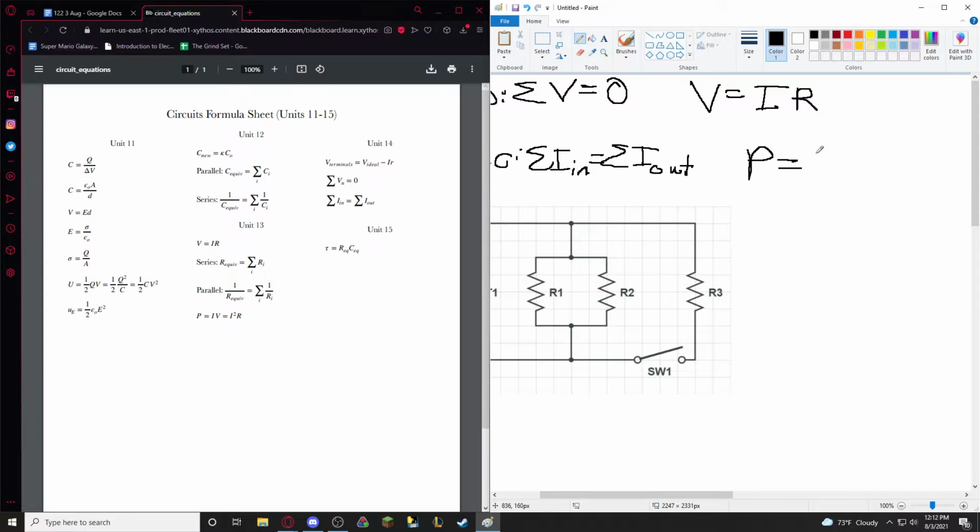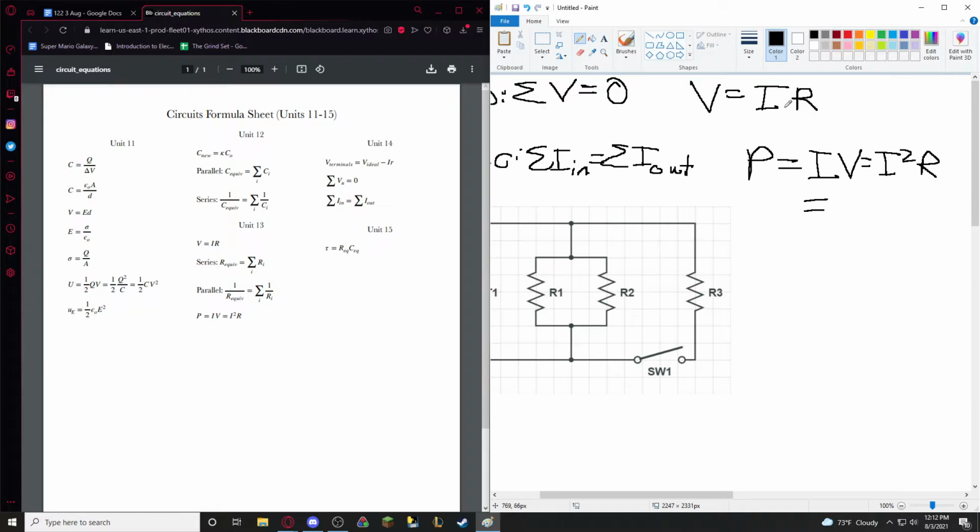It's not actually on the equation sheet. There's a third way you can write this in terms of V and R. I don't actually remember if you went over that at all.